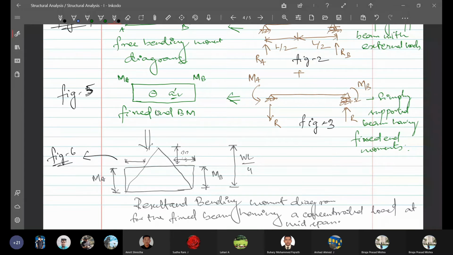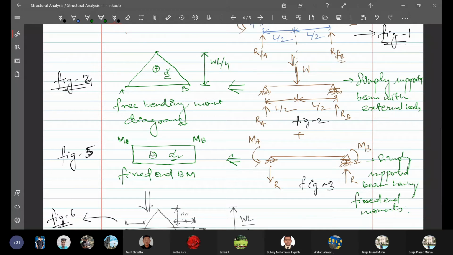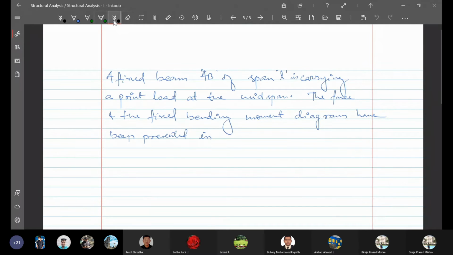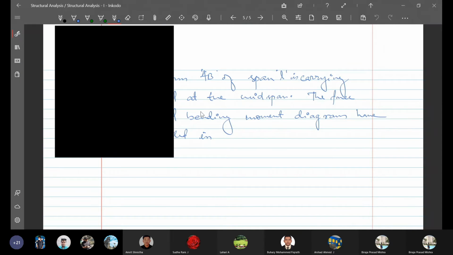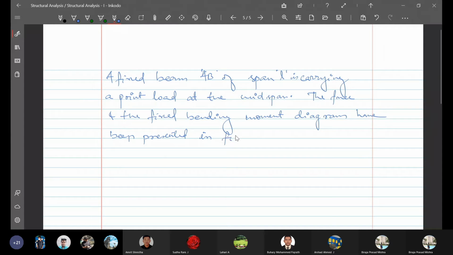We have presented the free bending moment diagram and the fixed end bending moment diagram in figure 4 and figure 5 respectively.